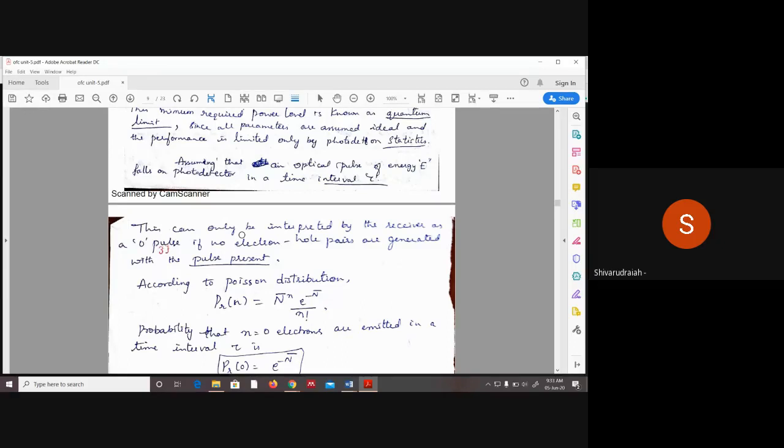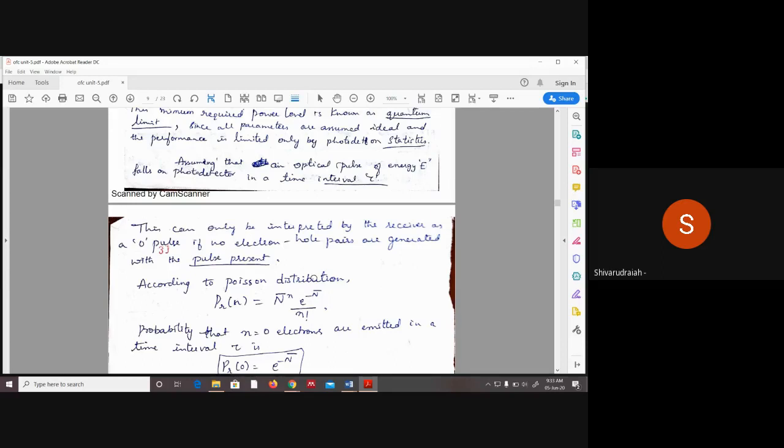So assuming an optical pulse is illuminating the photodetector, and there are no electron hole pairs generated at that time instant, that is the meaning of a zero pulse being received. As no electron hole pairs are generated when an optical pulse is illuminating the photodetector, it is assumed that a logic zero pulse is being received.